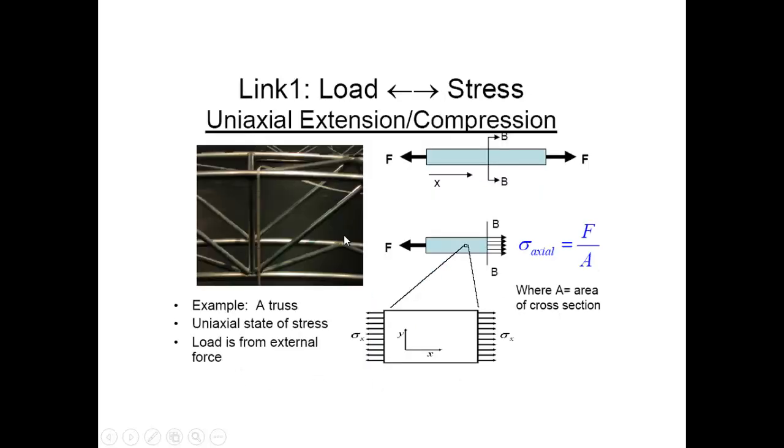Okay, we go to the example of uniaxial extension or compression. From here, when we make a cross section on the rod or beam, a truss for example, the axial stress acting on the truss is equal to force over area, where A is the cross-sectional area of the truss, right?